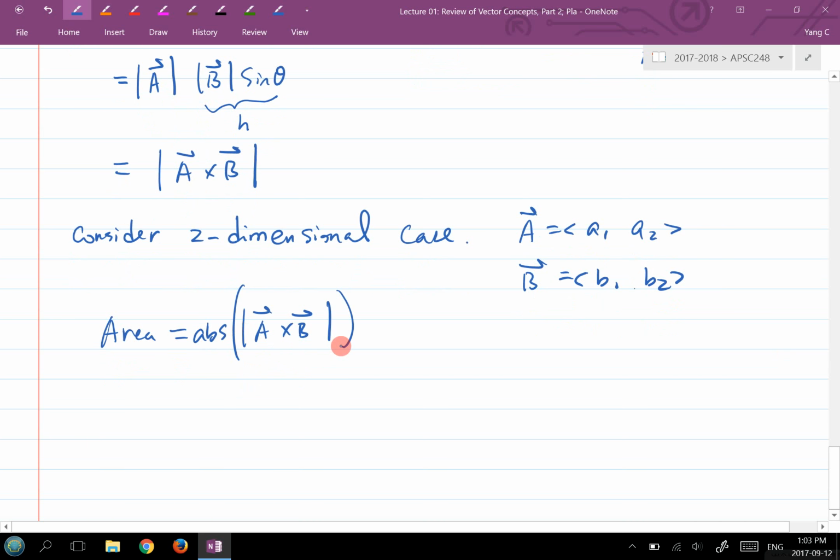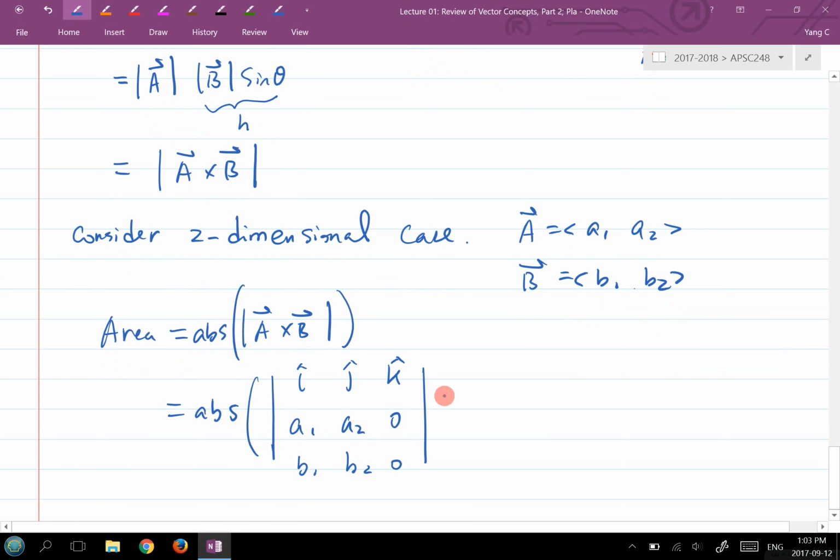Now we can plug in the formula for the cross product, which uses i, j, k. For vector A, it's a1, a2. What do I do with the k component of A? It's 0. That's right. And B is b1, b2, and 0.